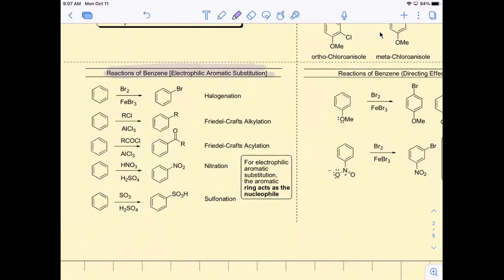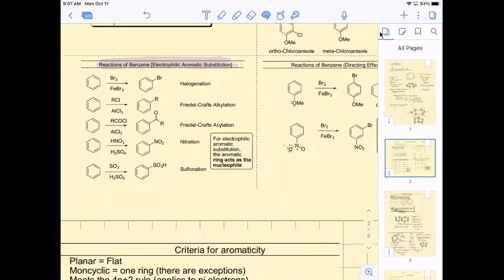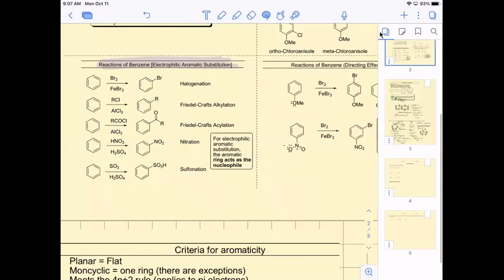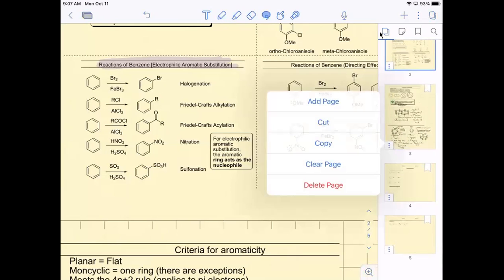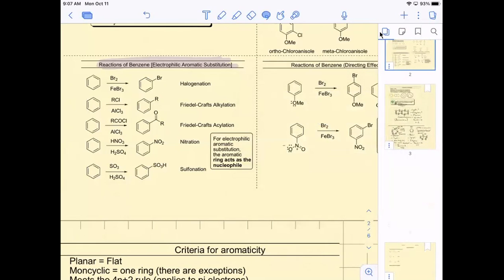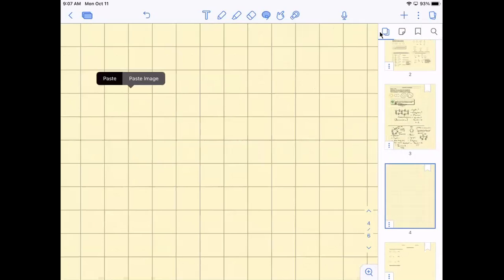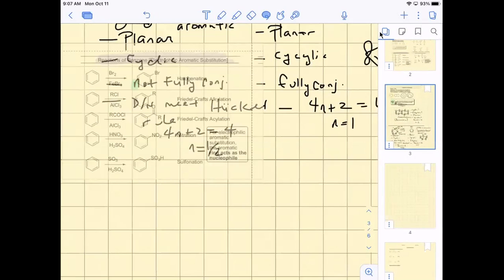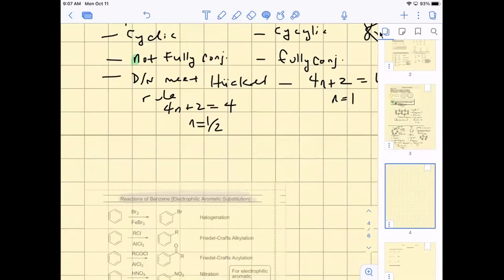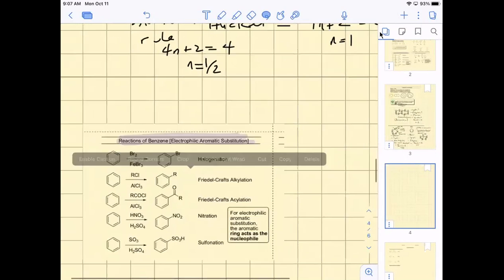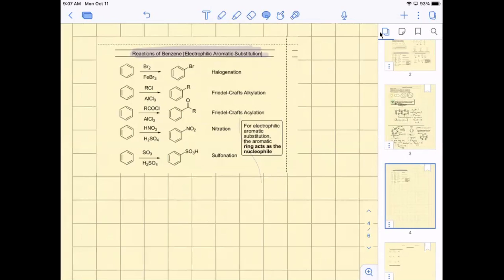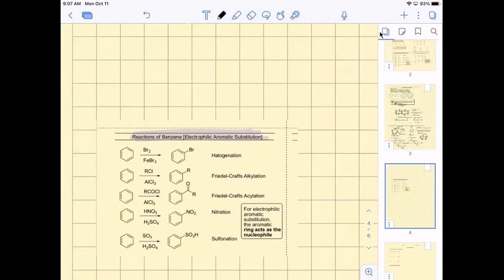So in this case, let me go ahead and cut this out and then I'll paste it on another page. All right, so still 11.